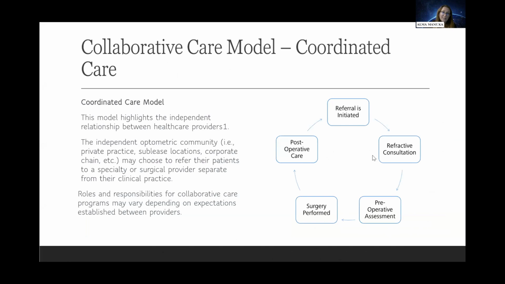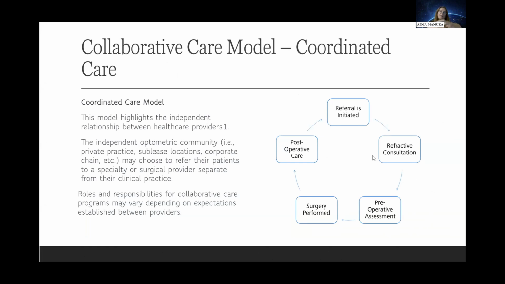For example, coordinated care. This is typically in countries like the US or UK, where optometrists have a broader scope of practice and a lot of independence. They can do a lot of measurements and assessments. Obviously, in some cases, like chronic disease management, they will need to work with ophthalmologists.